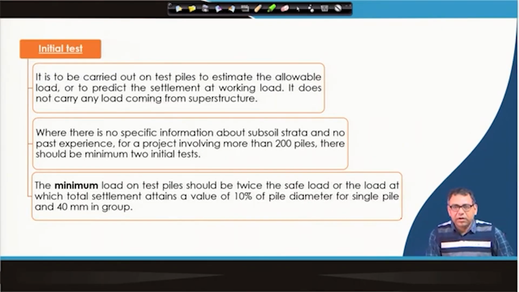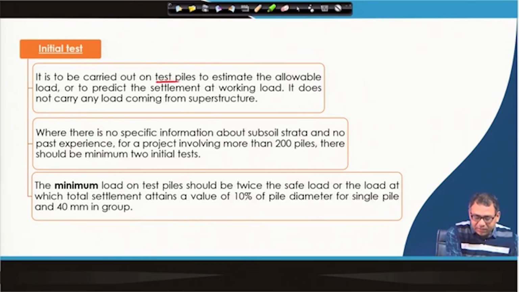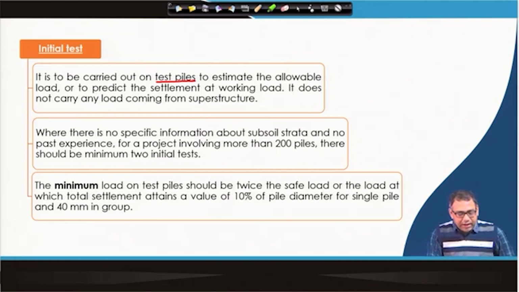of pile. One is called the initial test, or those tests are carried out on the test pile. So, that means these piles are test piles, where the initial tests are carried out. So, what are the test piles? Test piles are used to estimate the allowable load and to predict the settlement at working load.